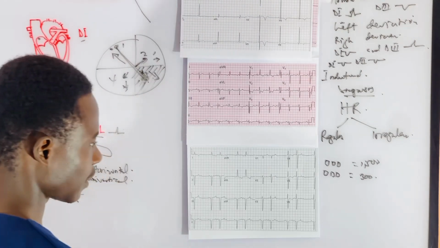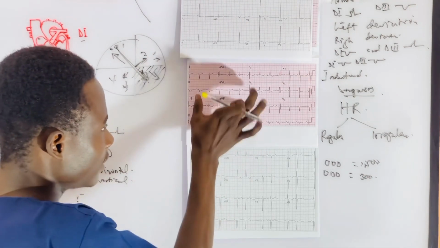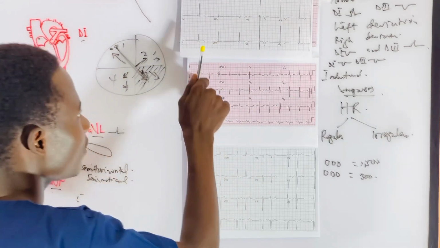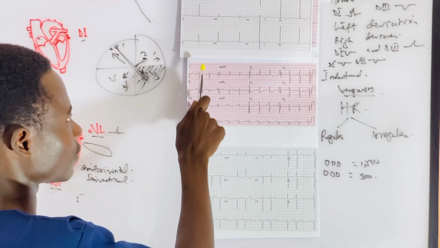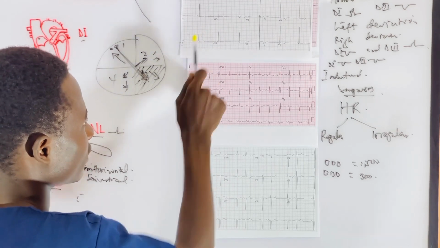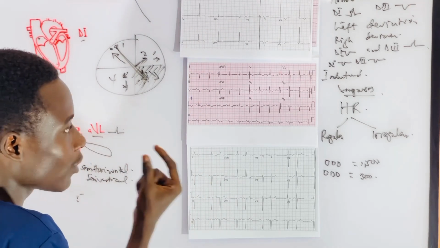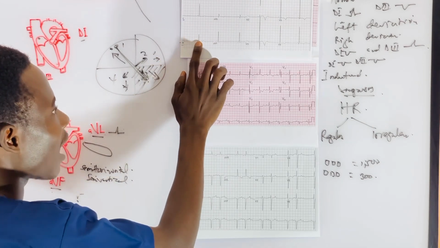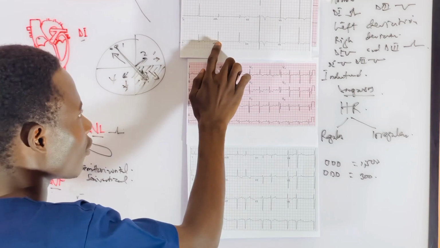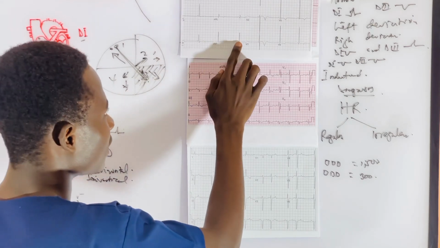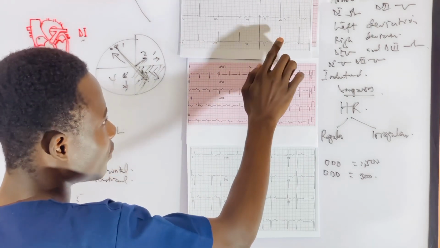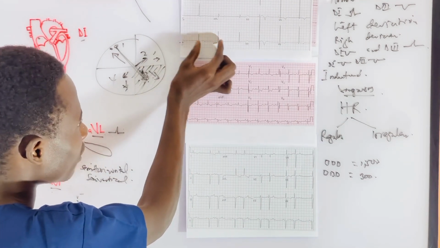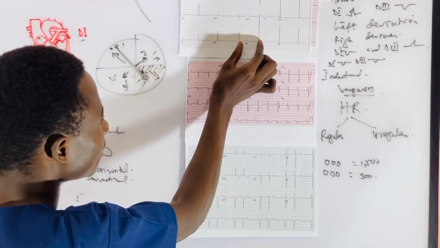Now, let's look at something here. Let me take this one for example. When it is regular, it means between one R wave and another R wave, there's equidistance between them. Are you clear with it? You take this one to this, to this, to that.